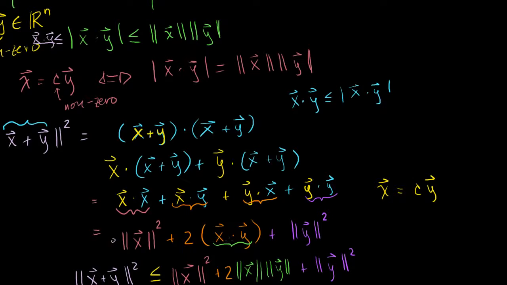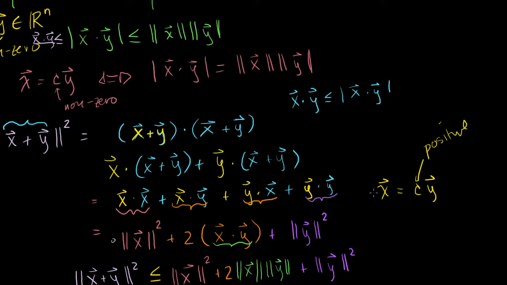No absolute value here. So the only way that I can ensure that this is a positive quantity, that this is the same thing as the absolute value of x dot y, if I'm going to go down this road, is to enforce that this term right here, that c, be positive.